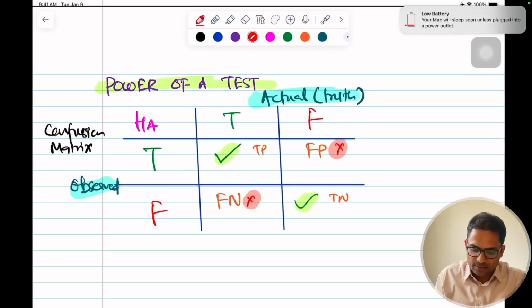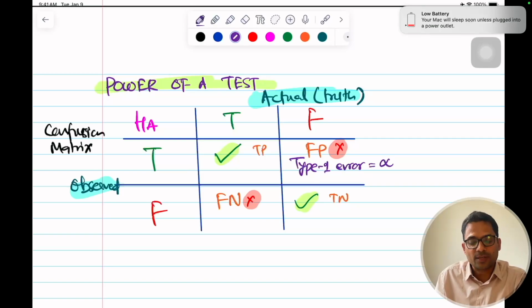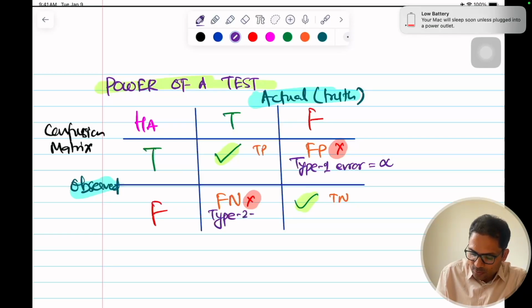These have other names. This is also called false positives. As I mentioned earlier, this is also called type 1 error, and this is equal to your alpha, that is your significance level. And this is your type 2 error, false negatives, and this is equal to beta.